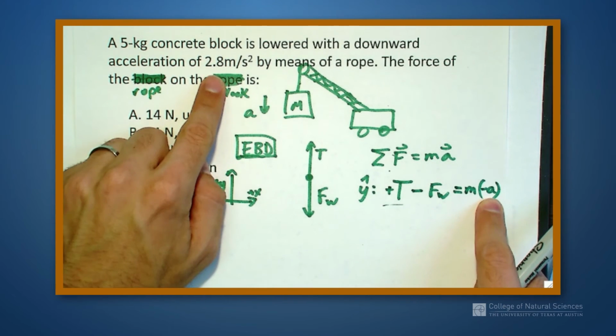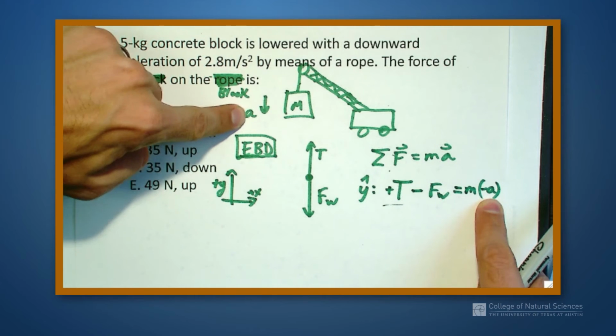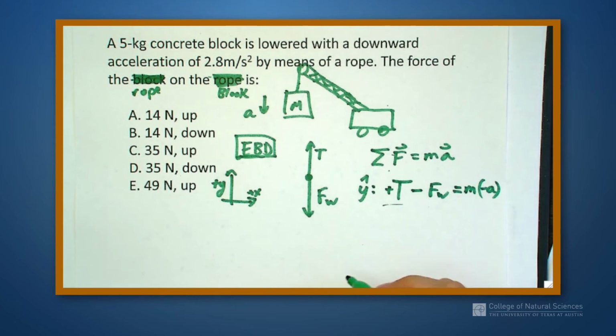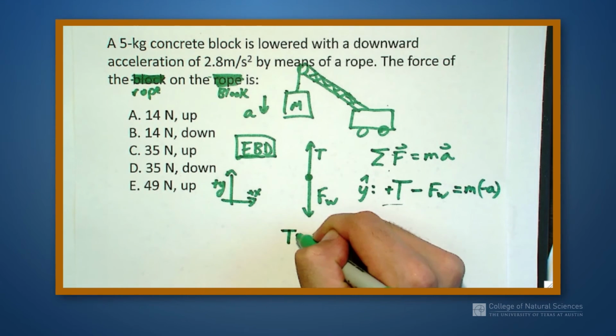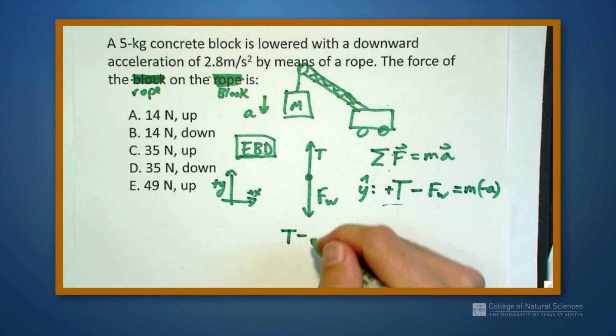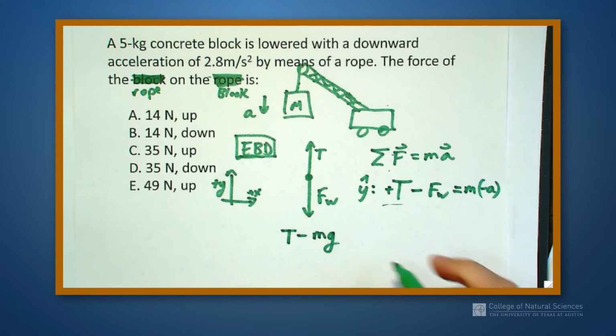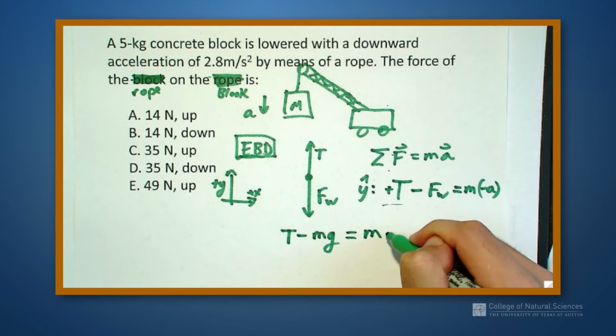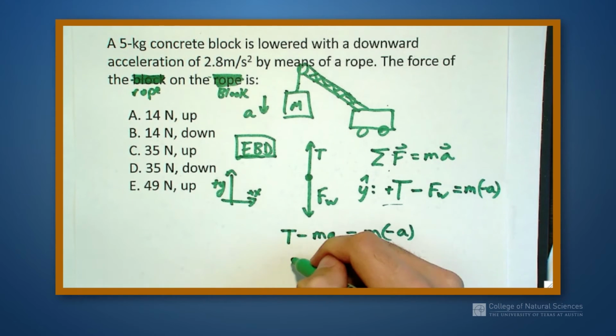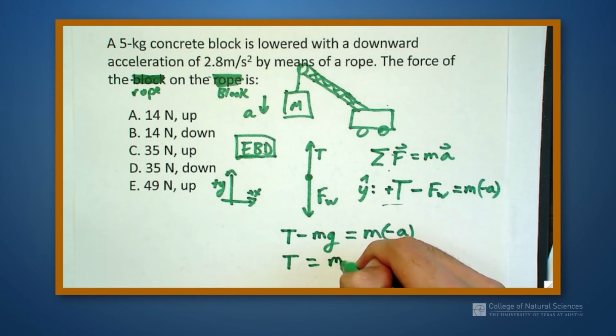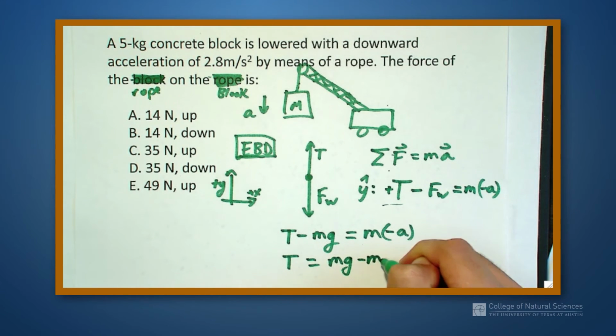My acceleration is 2.8 meters per second squared, in the downward direction. So I have T minus mg is equal to m times minus a. Or T is equal to mg minus ma, the weight force minus our acceleration term.